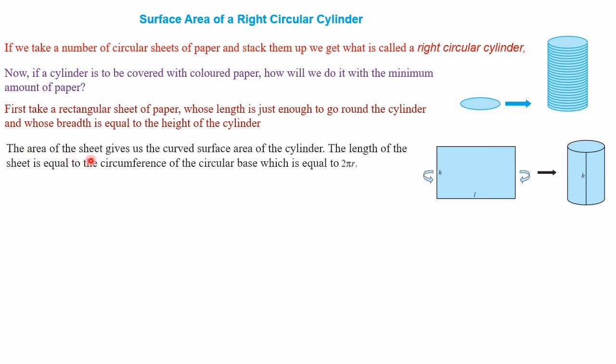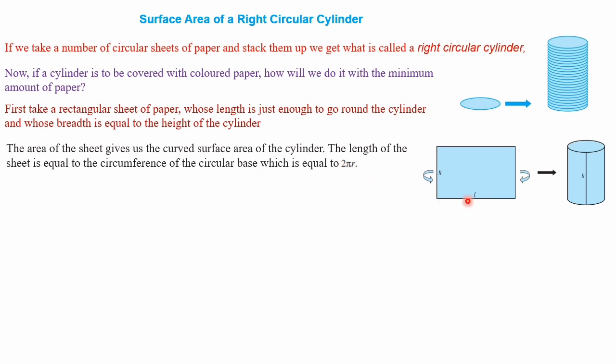The area of the sheet gives us the curved surface area of the cylinder. This sheet of paper is exactly covering the outside of the cylinder. The length of the sheet is equal to the circumference of the circular base, which is 2 pi r.